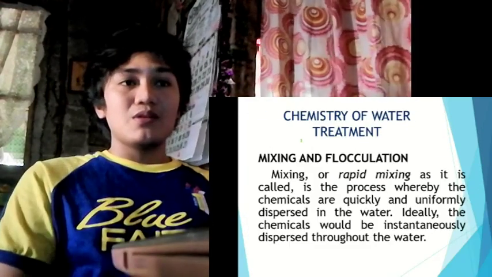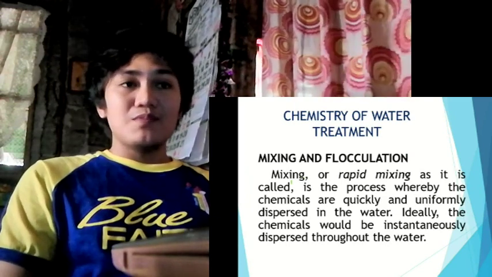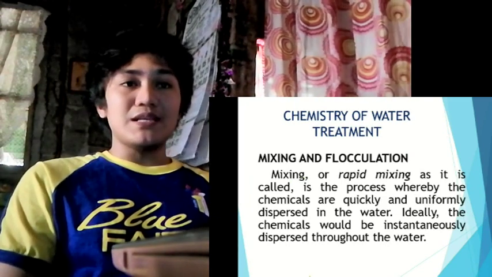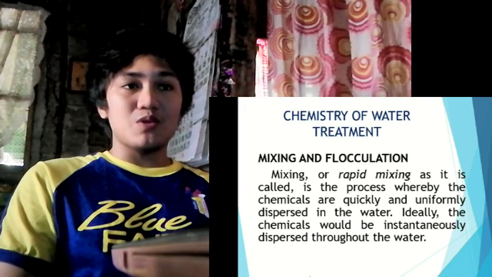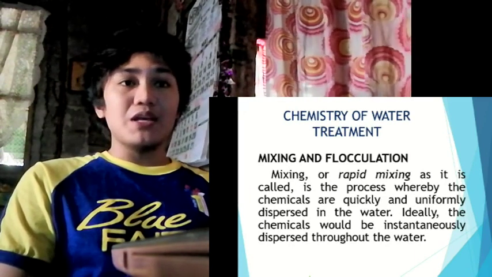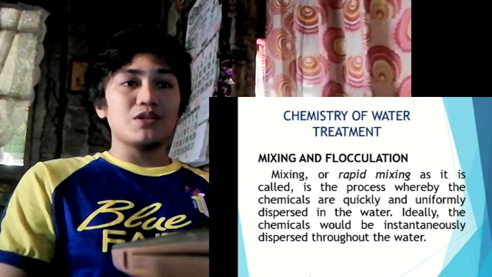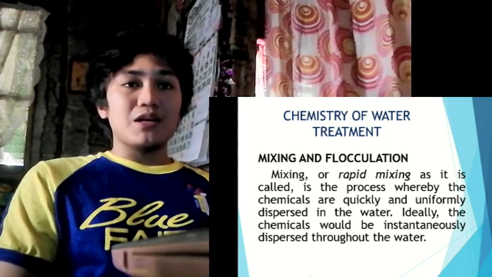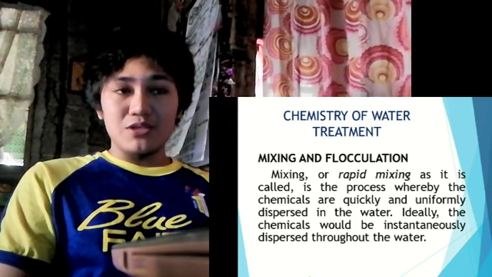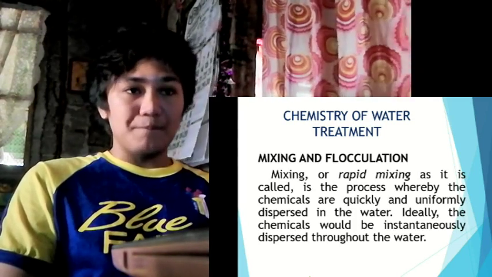Mixing and flocculation. Mixing, or rapid mixing as it is called, is the process whereby the chemicals are quickly and uniformly dispersed in the water. Ideally, the chemicals would be instantaneously dispersed throughout the water.